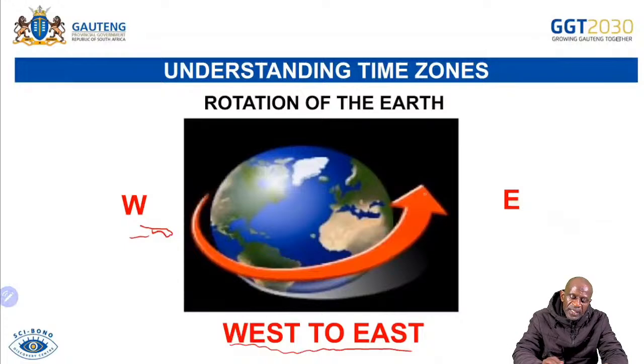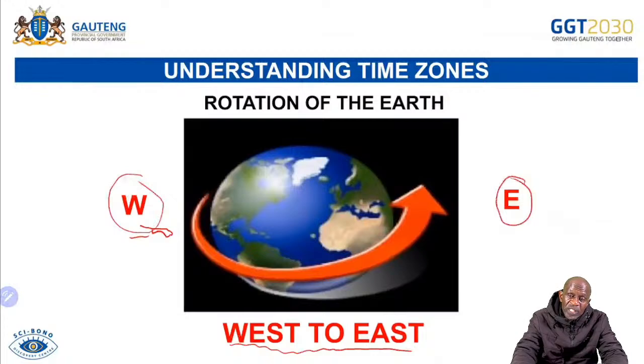They say it rotates on its axis, and this rotation, if it makes 360 degrees, completes 1 day, and that is equivalent to 24 hours. So what is key here is a demonstration of the rotation of the Earth, which moves from west and ends in the east. That is the circulation.